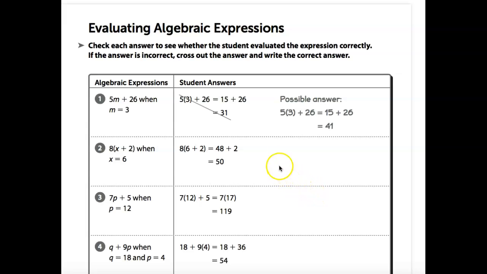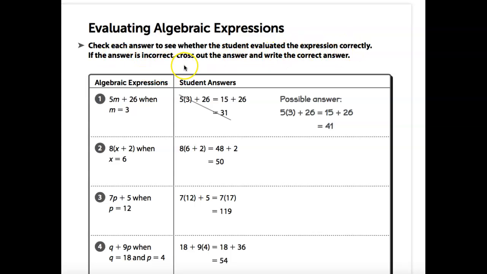All right, so now we are going to evaluate some expressions. So the expression is 5m plus 26, but they're telling us what m equals. So 5m is 5 times 3, which is 15. What we're doing here, I should have read the instructions: check each answer to see whether the student evaluated the expression correctly.